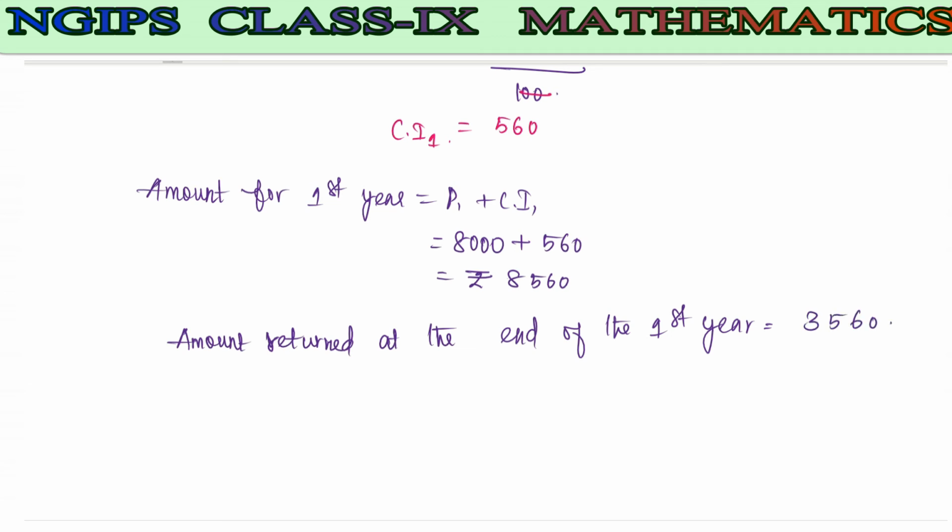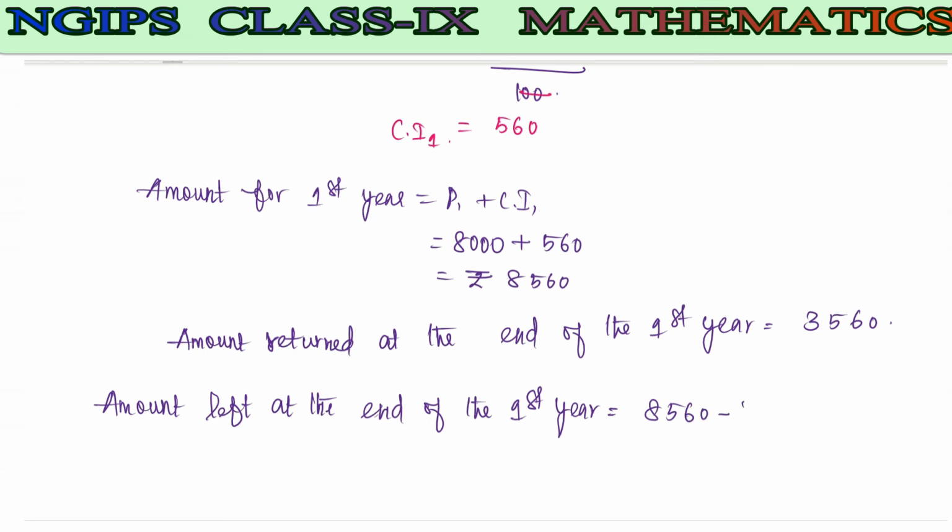Now we need to find amount left at the end of the first year. Here we have to take the total amount, 8,560 rupees.